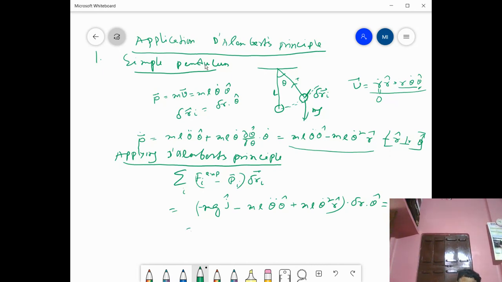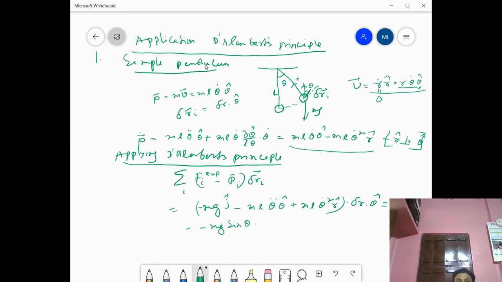Now taking the dot product, j dot theta cap. j is in this direction, and this angle will be 90 degrees minus theta, right? So this will be minus mg sin theta.